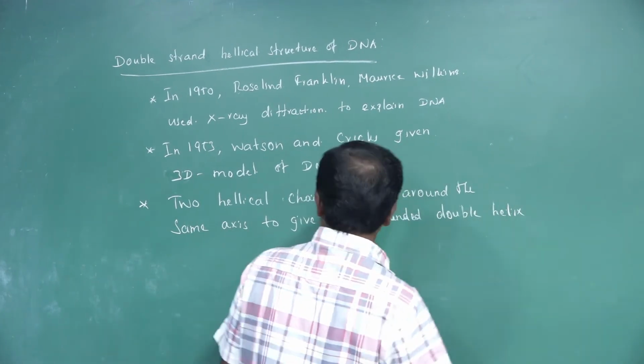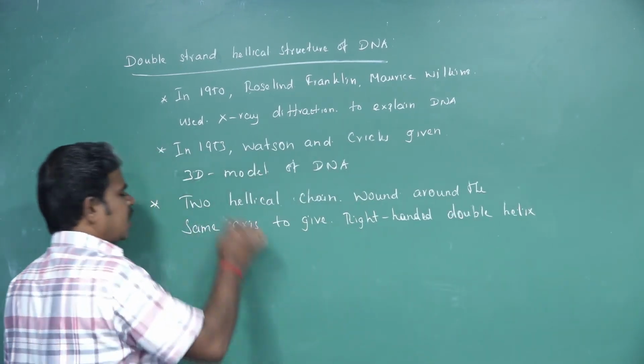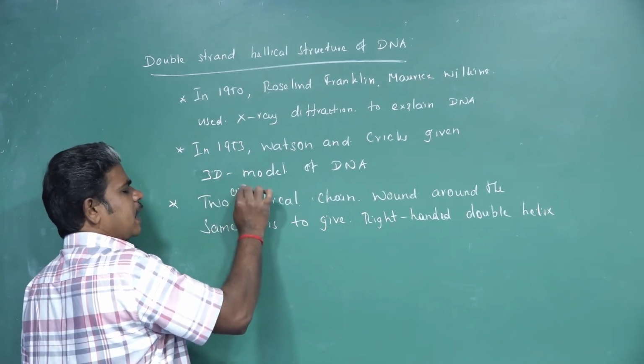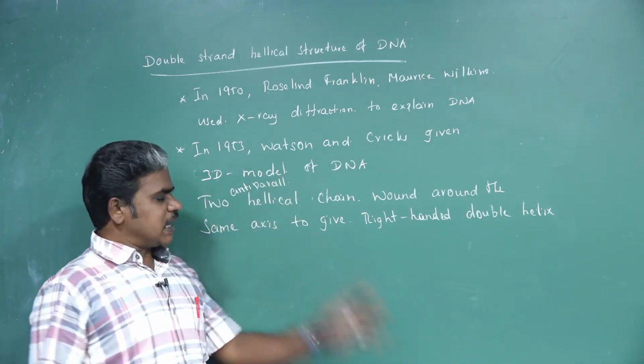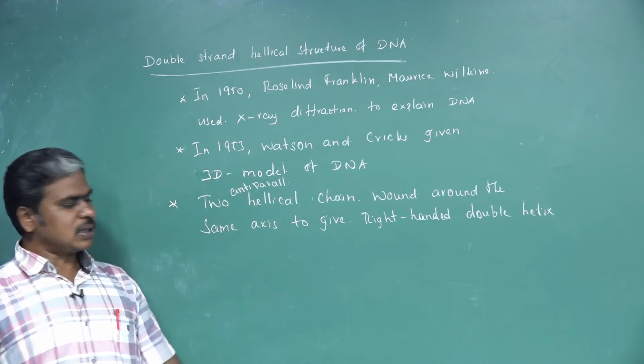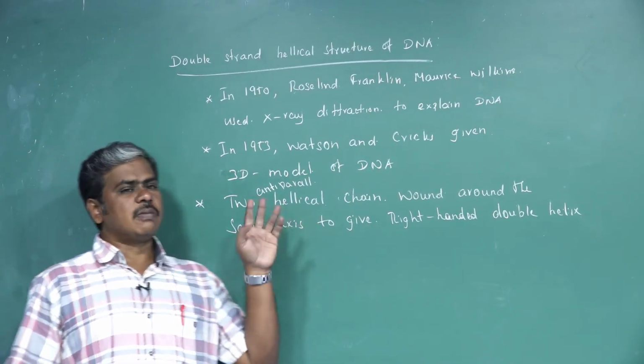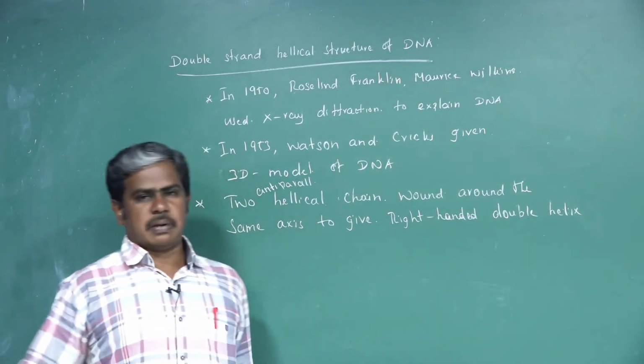These two helical chains are anti-parallel. So the two anti-parallel chains are wound around the same axis, and that produces the right-handed double helix.